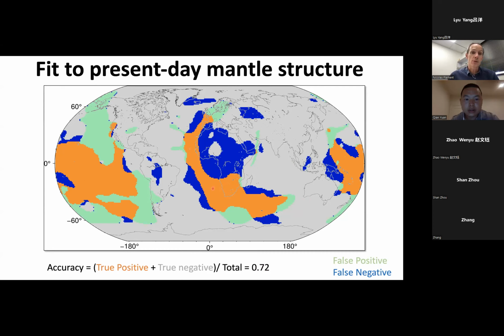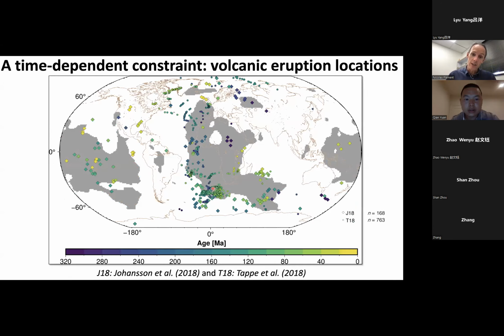Now, this was a constraint for the present day, and I would like now to try and have a constraint over time. And this is inspired by the work of Torsvik and others. What I'm showing here is the blobs for S40RTS in the back, and at the surface, I'm showing reconstructed volcanic eruptions. I have two sets of them.